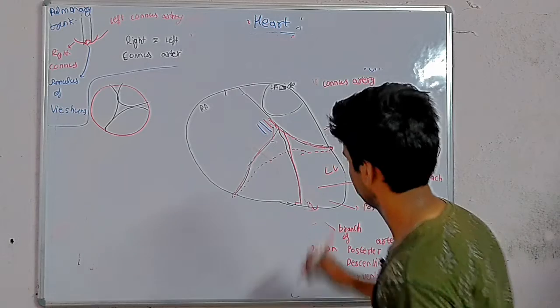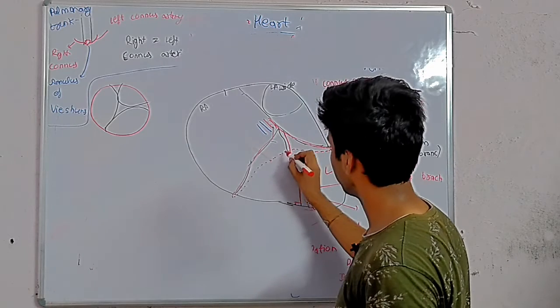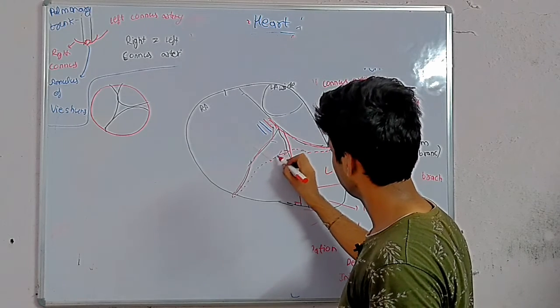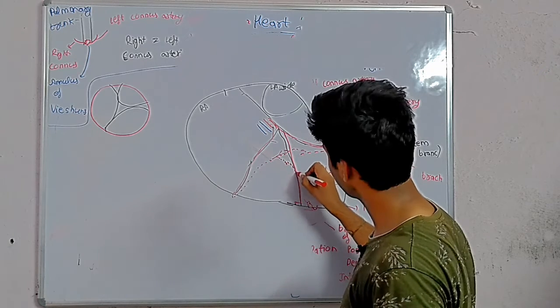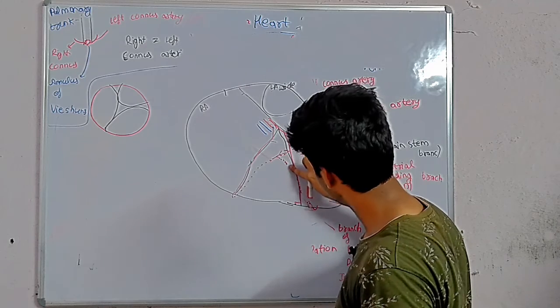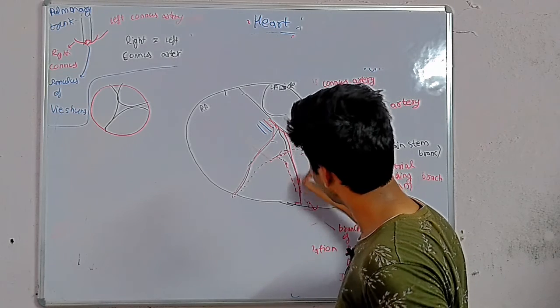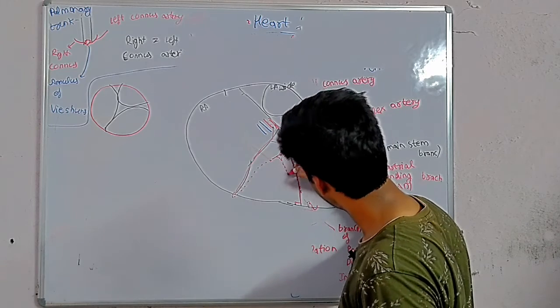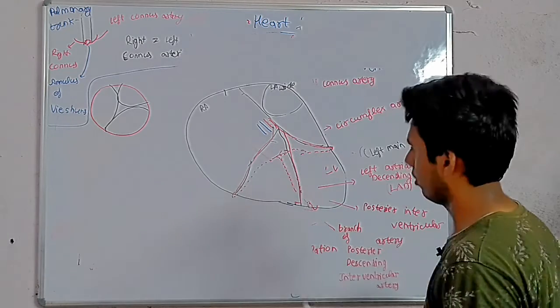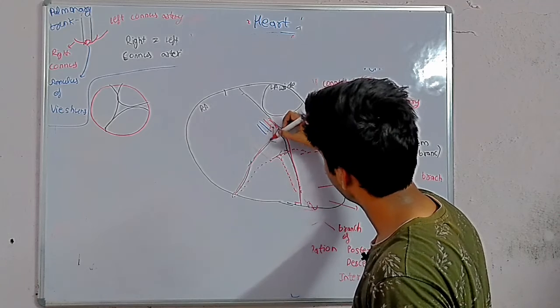Then the branch of this right coronary artery supplies the posterior interventricular sulcus. This is the posterior interventricular artery. Then it proceeds posteriorly. Then they form the annulus of Vieussens from this.